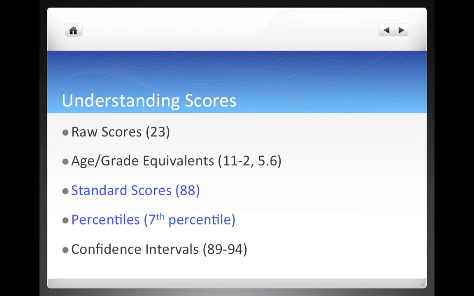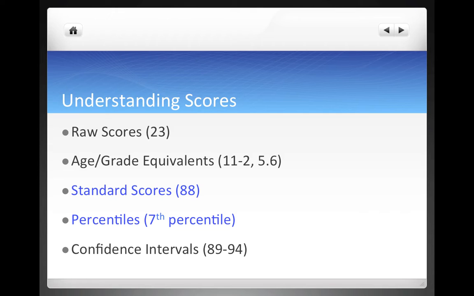And if there's error in a test, that means that from one testing session to another, the child's performance may vary slightly. So the confidence interval tells us where the lowest score and the highest score that our child is most likely to fall in, even if they were tested under multiple situations.